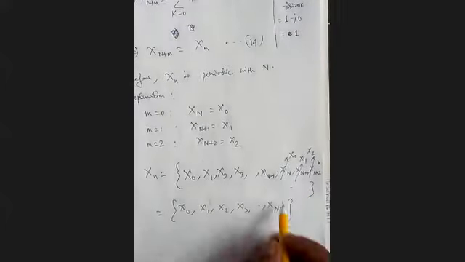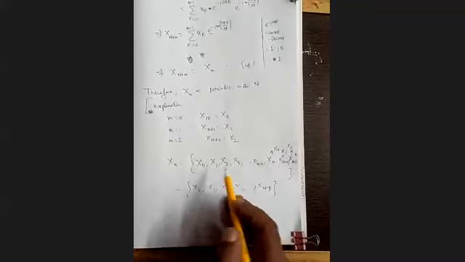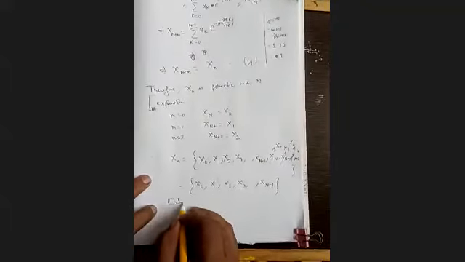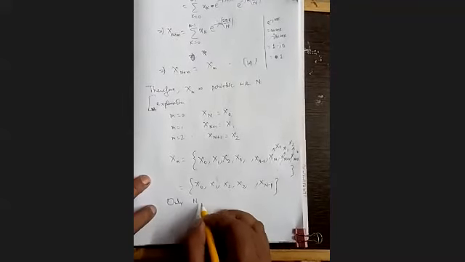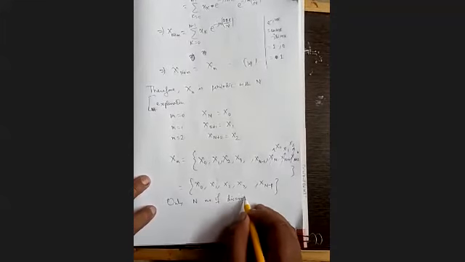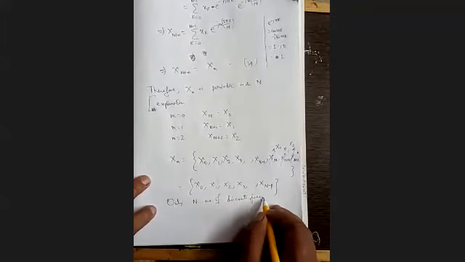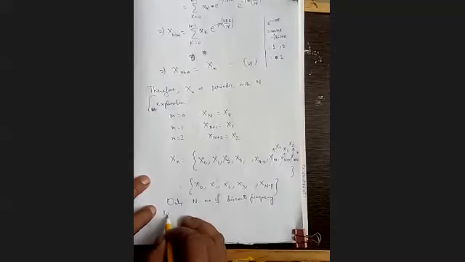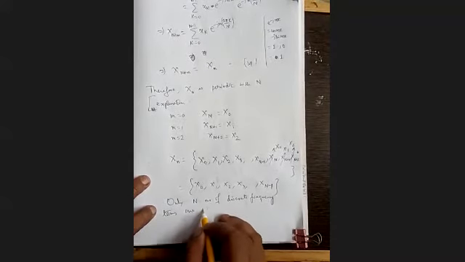So you see how many frequency terms are present here? 0 to capital N minus 1. Only capital N number of discrete frequency terms are present.